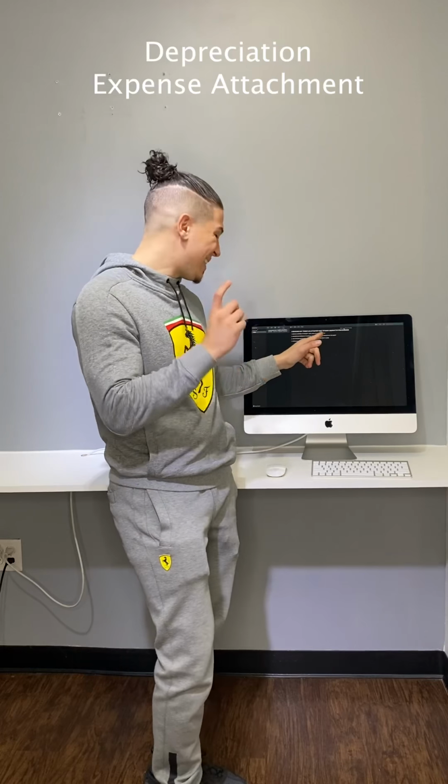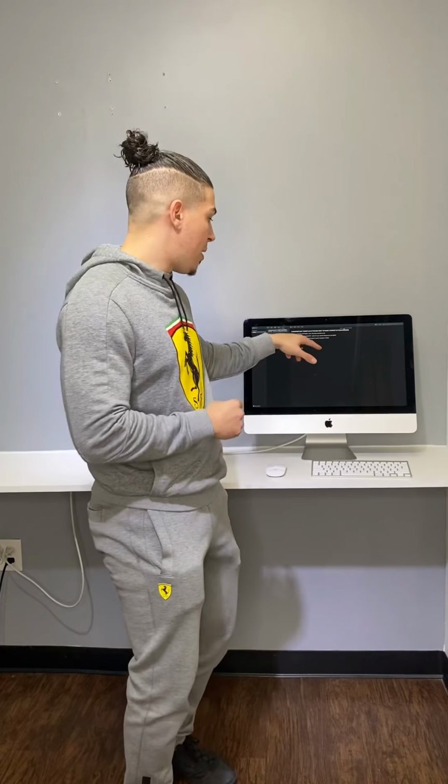Expense number 2 is depreciation expense attachment. What is that? Basically the loss of value, or newer products in the market. The longer the product is on your shelf, there will be a loss of value in that product. And the longer it is on the shelf, the less attractive it looks to customers who are walking in and checking your products out, because they're going to say, oh, I saw that product last month and a new product came out.